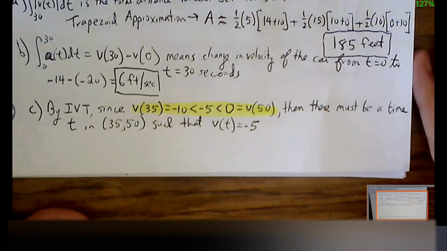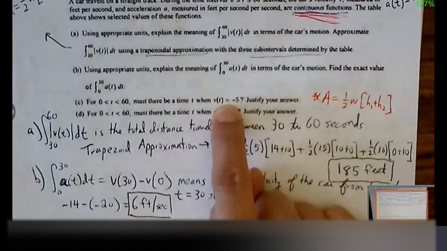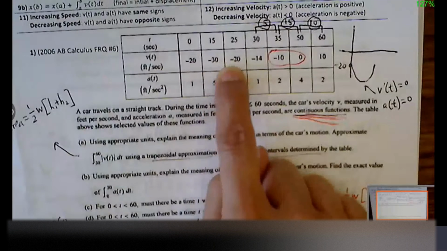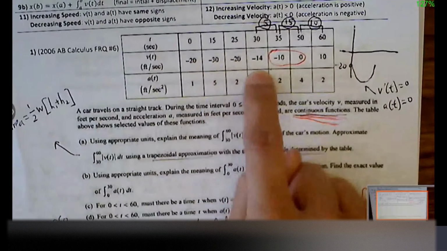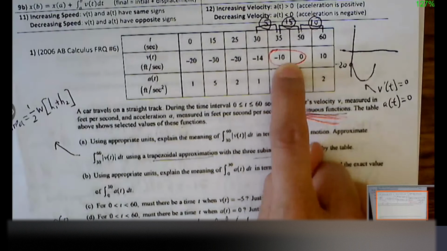So, for instance, if you look at part C, can we guarantee a place where velocity is -5? Well, if you look at your velocity numbers, it looks like we can, right? Because all this is continuous. We can't go from -10 to 0 without crossing -5.